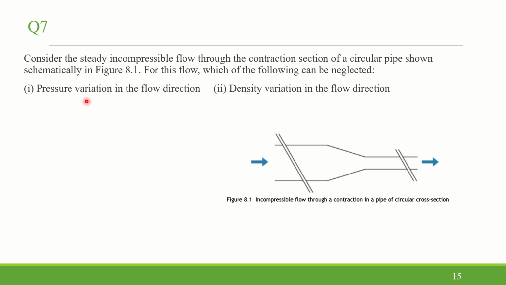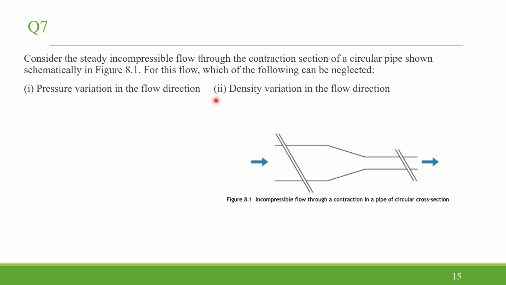So pressure driven flows, so we cannot neglect the pressure variation in the flow direction. So the answer is option 2. Second one is the right answer because we can neglect the density variation, whereas we cannot neglect the pressure variation.